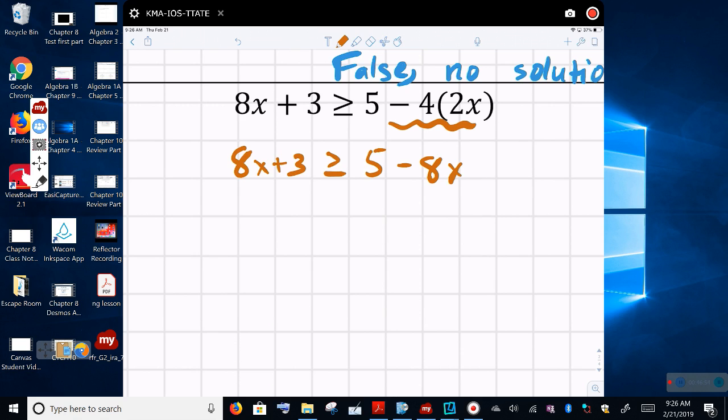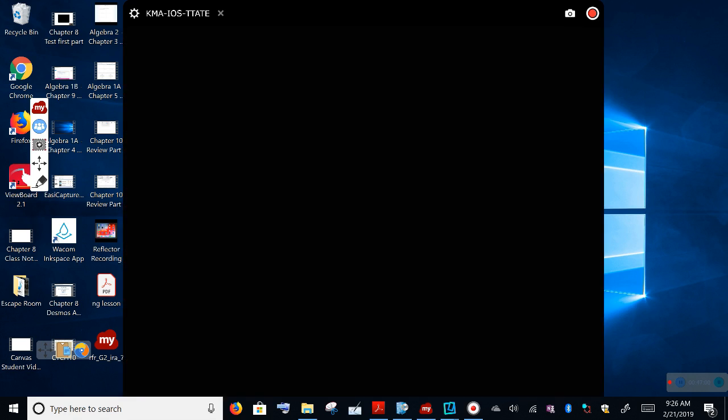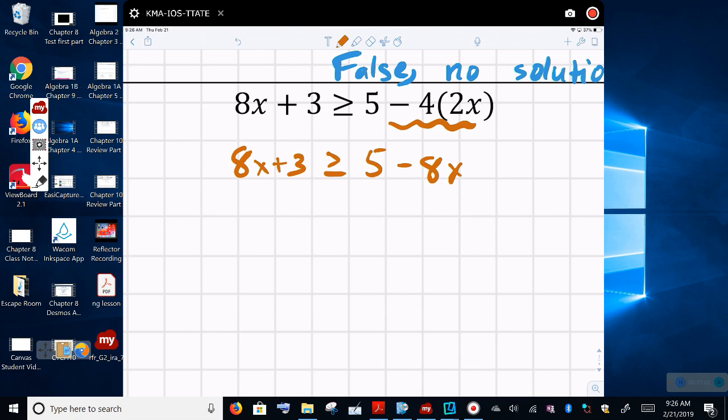They see a positive 8 on one side and a negative 8 on the other side, so in their head they think they're going to cancel each other out. But remember, the way we get rid of the negative 8x on the right side is by adding it, not subtracting it. So when I add 8x to both sides, I'm not going to get 0x on the left. I'm actually going to get 16x. So be very careful about something like that.